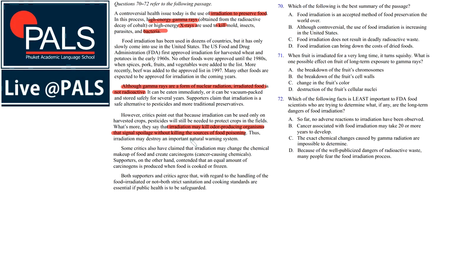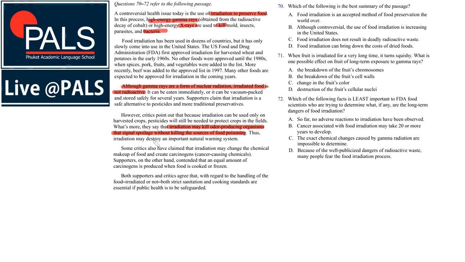Some critics also have claimed that irradiation may change the chemical makeup of food and create carcinogens in the food. Supporters, on the other hand, contended that an equal amount of carcinogens is produced when food is cooked or frozen.